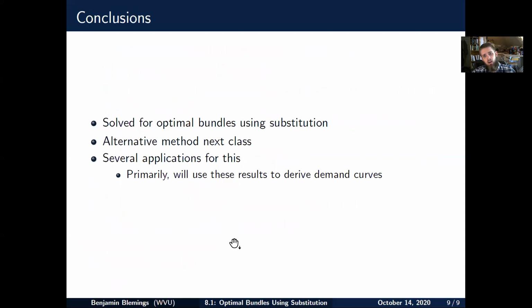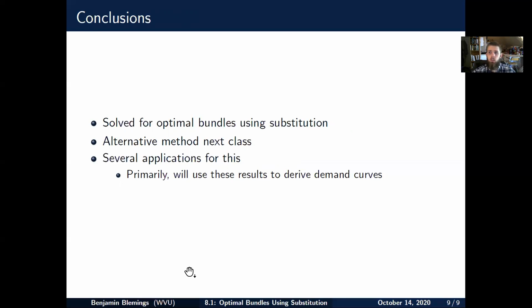But anyway, in this video, I've given you a very quick example of how to solve for the utility maximizing optimal bundle using the substitution method. And we're going to do an alternative method in the next class, which is the Lagrangian method, which is kind of the brute force way of getting through it. And it typically requires a little more cleverness when it comes to the math, because you have to use substitution usually, or what's the other one?